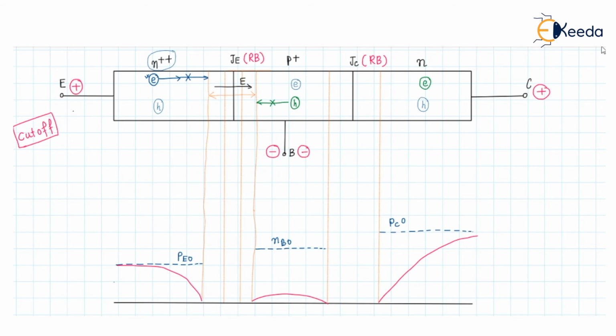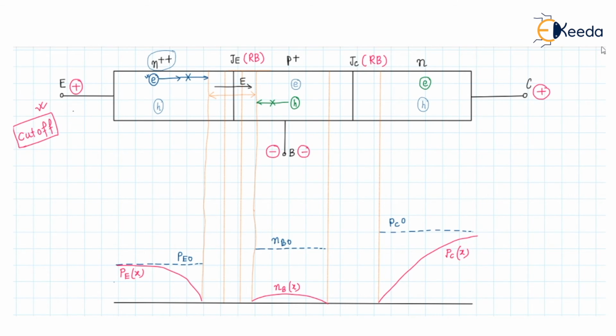So this is the base region minority carrier, and it can be defined by NB, electrons in the base changing with respect to x, and holes in the emitter changing with respect to x, and this is the holes inside the collector changing with respect to x. So this red line graph is the minority carrier distribution in an NPN transistor at the cutoff region.